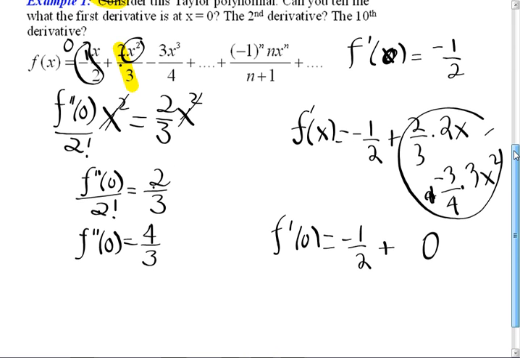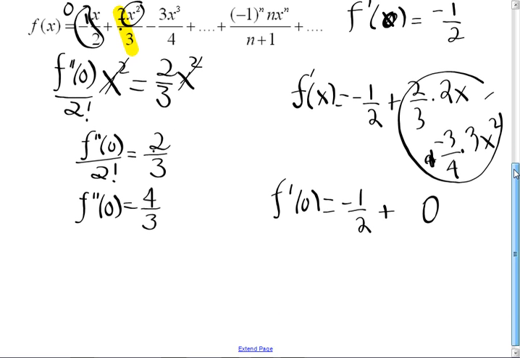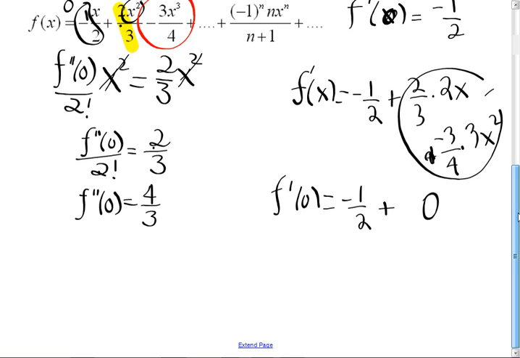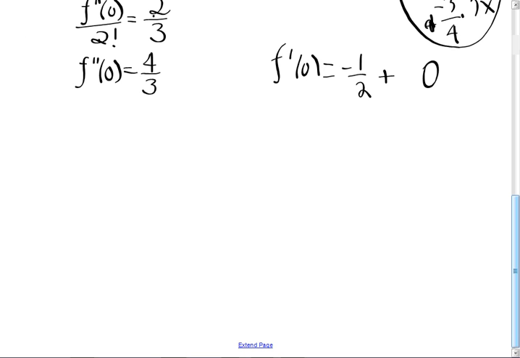But if I ask for the third derivative, and I don't want to keep taking derivatives, I have that. This, what does the Taylor series say that is? Negative 3/4 x cubed is equal to f triple prime of 0 over 3 factorial x cubed.